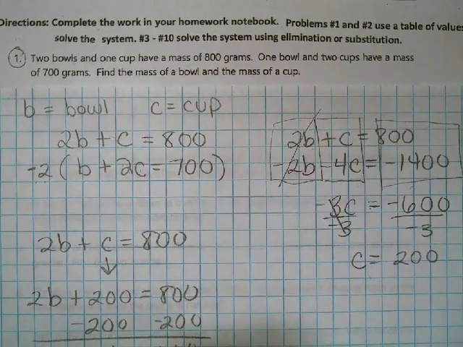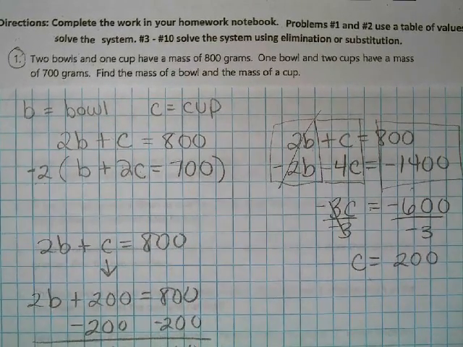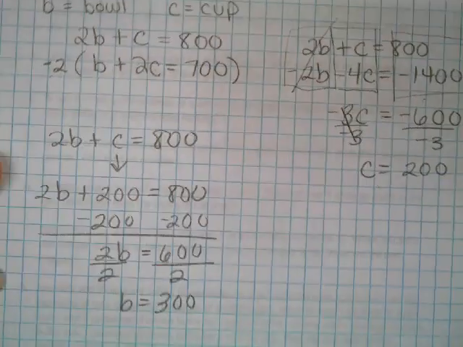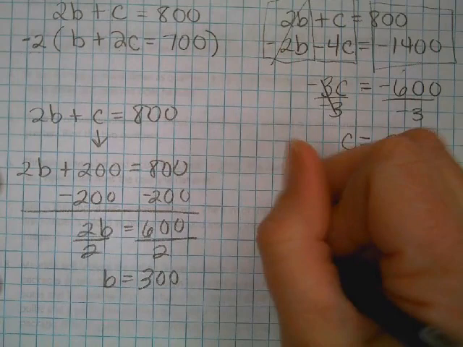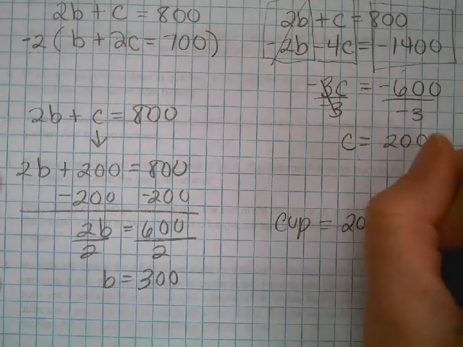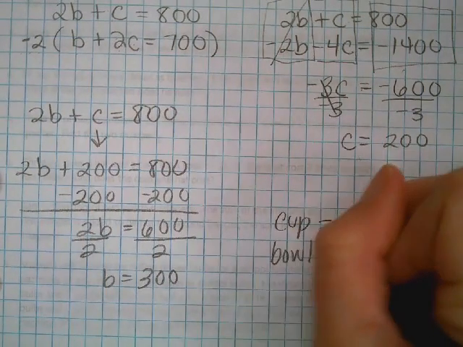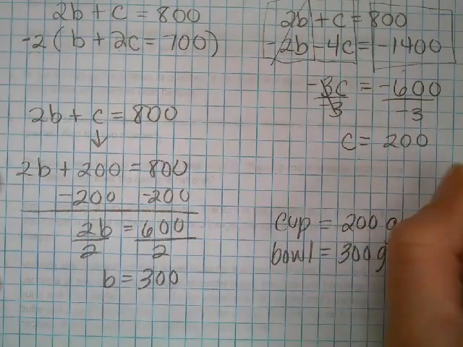Divide both sides by 2. Then B equals 300. So there you go. We have a cup weighing 200 grams and a bowl that weighs 300 grams.